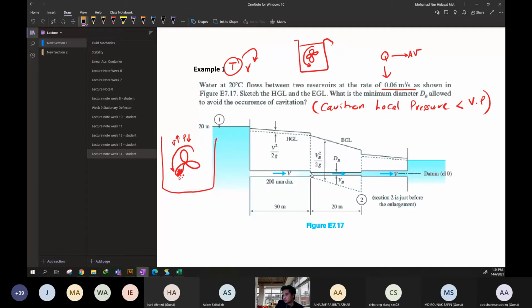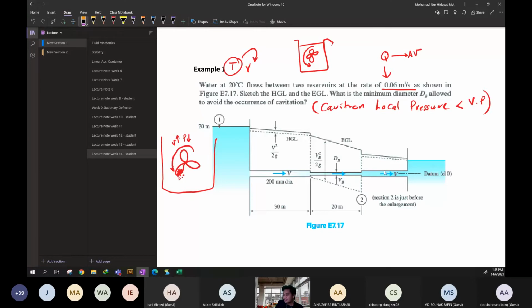Then flow to this pipe, drop linearly, and we have the sudden expansion, an increase a little bit, and drop linearly due to the friction along the pipe.